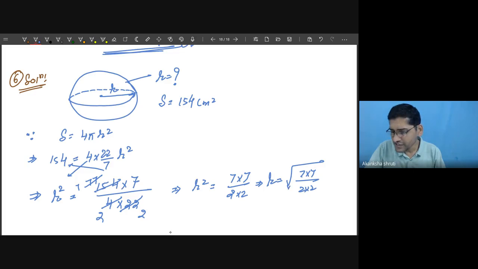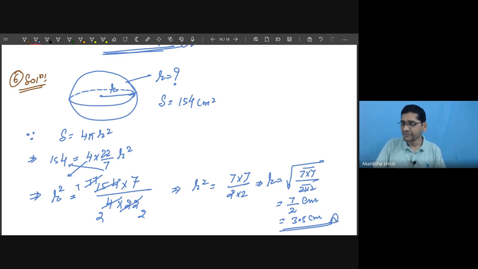From the numerator the 7 is 2 times, so one of the 7 can be taken, and in the denominator the 2 is 2 times, so one of the 2 can be taken. So 7 by 2, this much centimeter, or on dividing it becomes 3.5 centimeter. Are you okay? So this way you have to calculate the radius. For calculating the radius, a square root finally you have to take. So cancel the factor carefully.